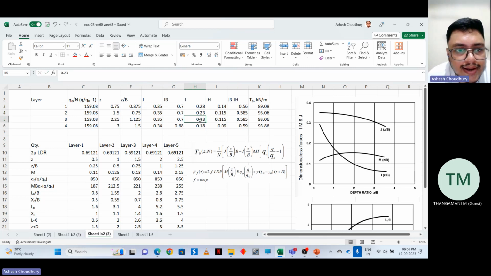For 1.125 means here, the 0.16 or something.